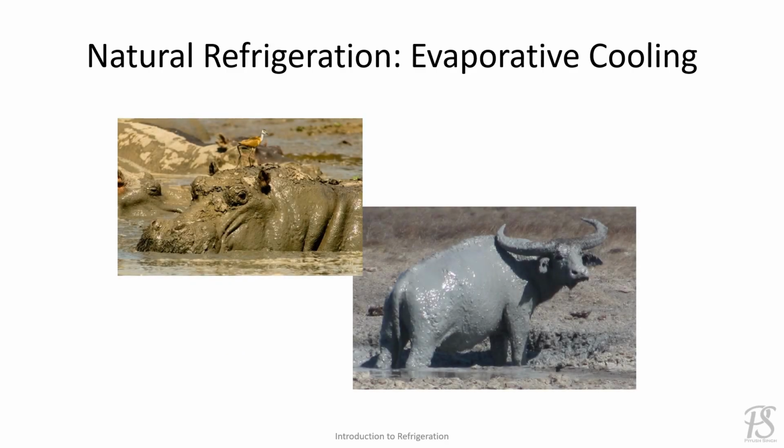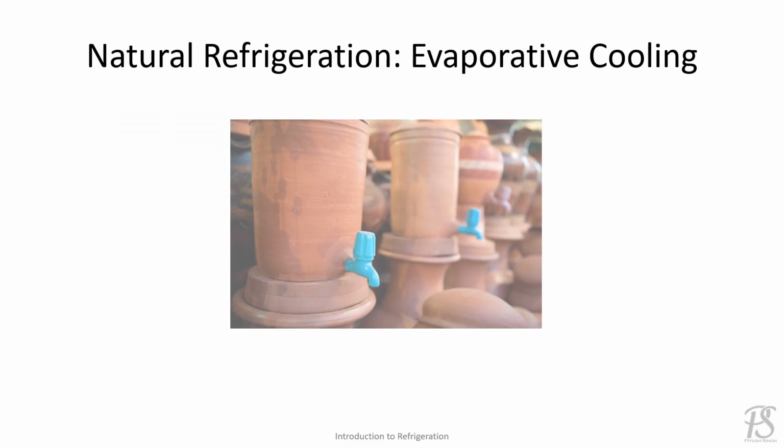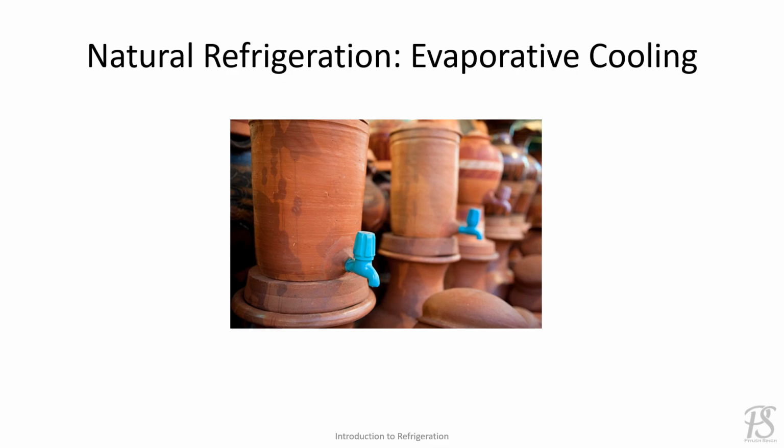Animals such as hippopotamus and buffalo coat themselves with mud for evaporative cooling, as shown in these figures. Evaporative cooling has been used in India for centuries to obtain cold water in summer by storing in earthen pots.